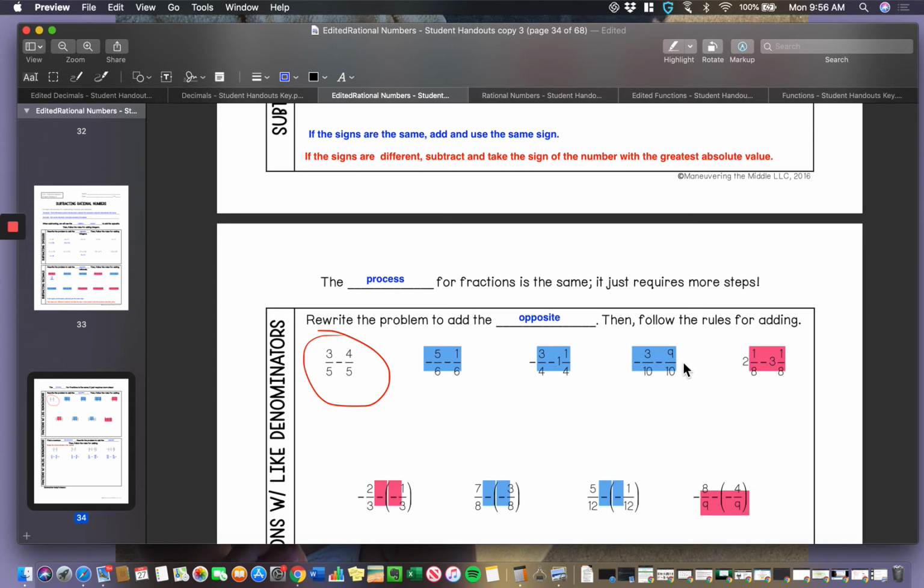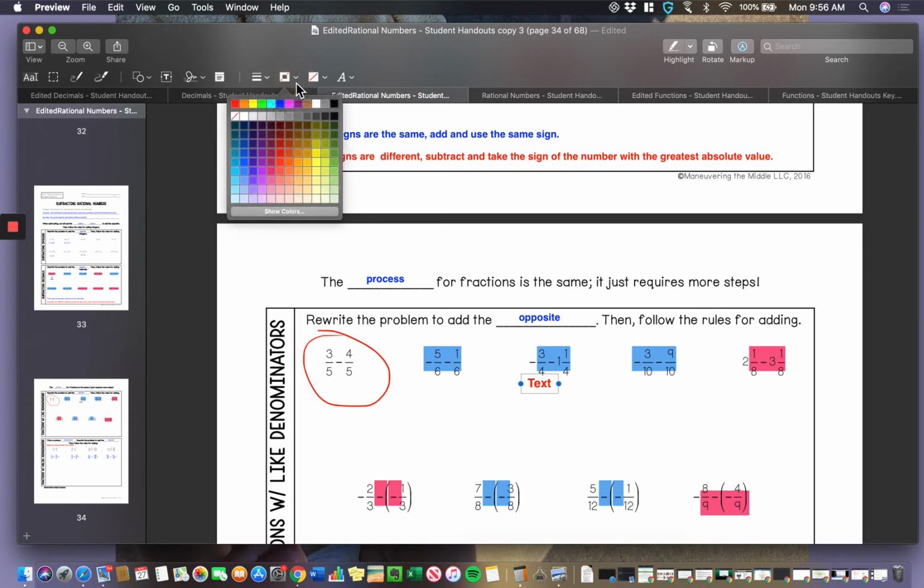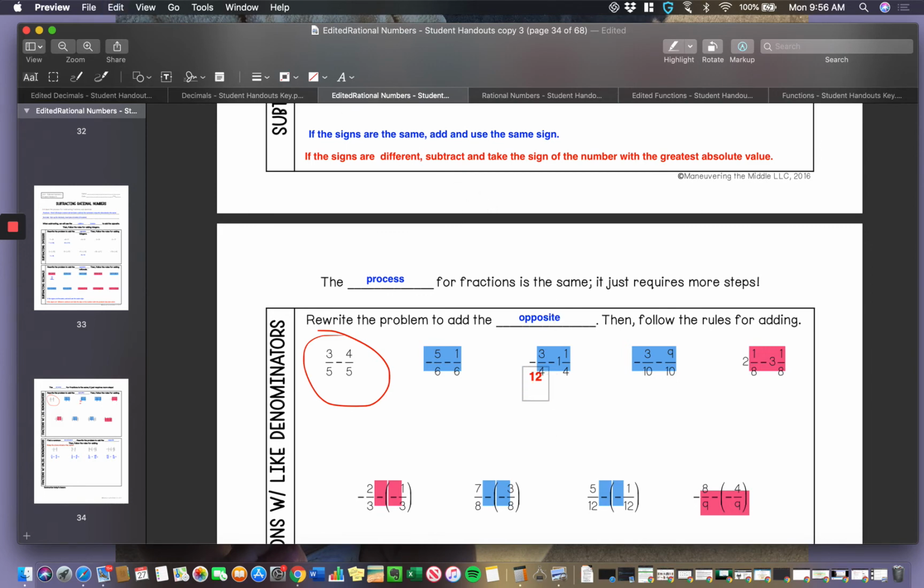I could add this together to give me 12/10, right? So I could have 12/10 here. All right. Now I added them together, but now I need to keep the same sign.